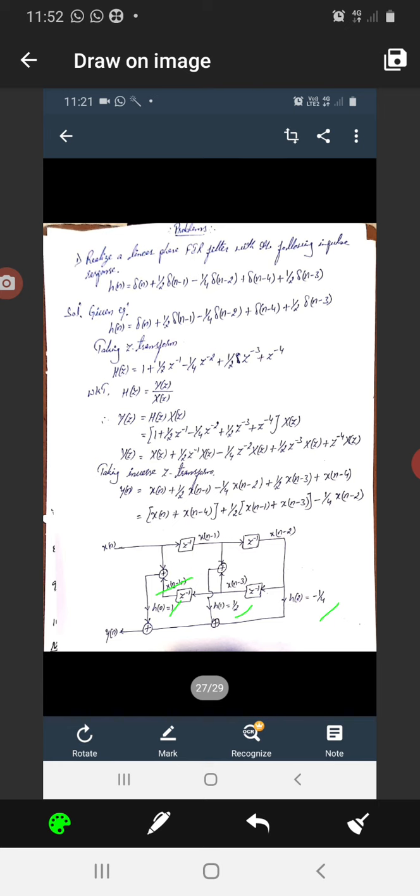This is about the problem based on linear phase FIR filter. Compare with the standard generalized equation realization and then solve the problem. It will be easy. Remember the generalized form for the linear phase FIR filter. This is a problem which is asked in the exam for 6 marks, or sometimes they may ask for 4 marks also.